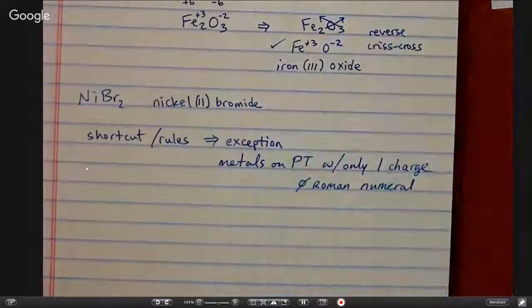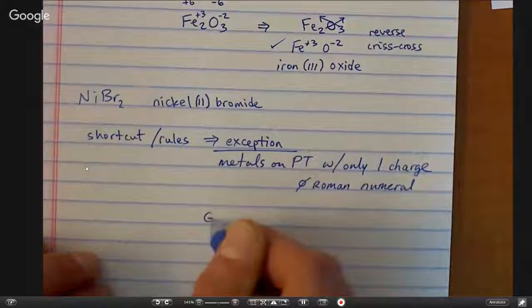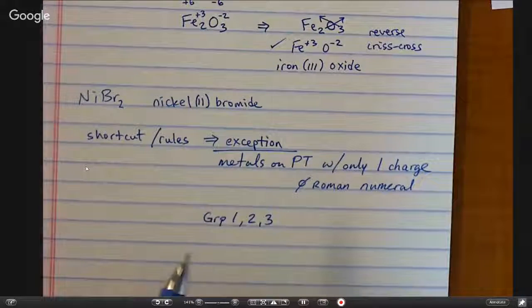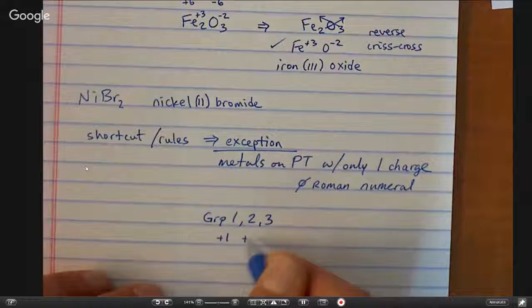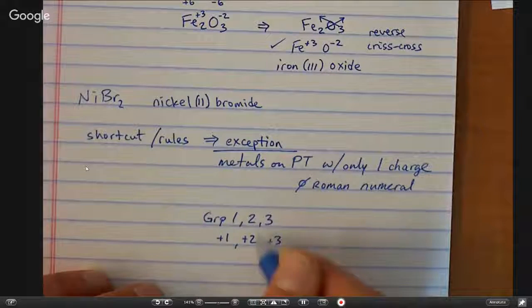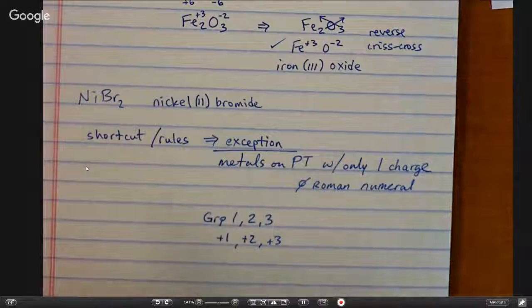So what are these exceptions? Well, if you are a group 1, 2, or 3 metal, you have 1 charge, right? A group 1 is a +1, group 2 is +2, and group 3 is +3. Okay, those are the only charges for those respective groups.